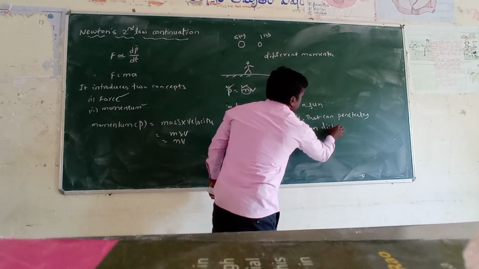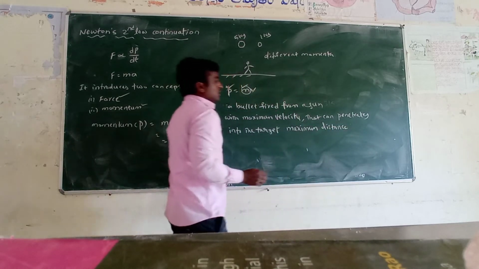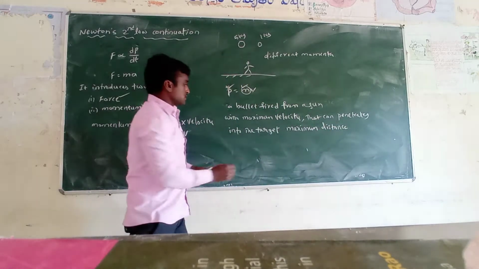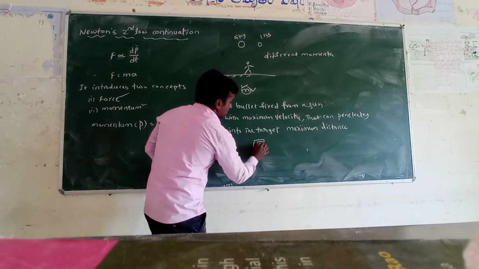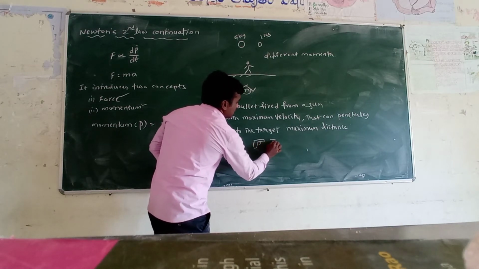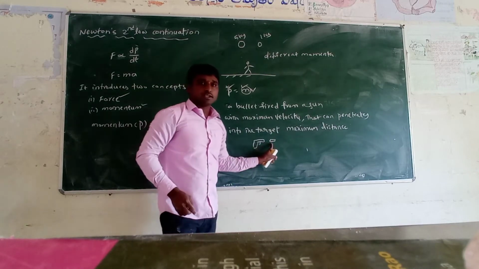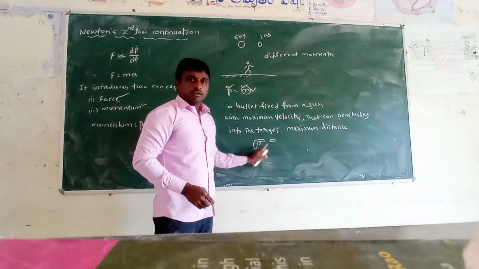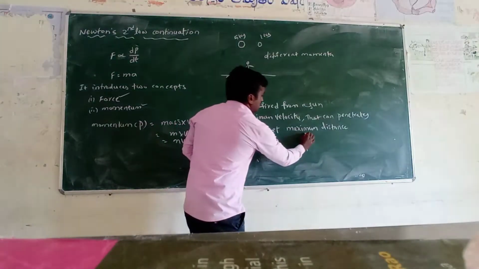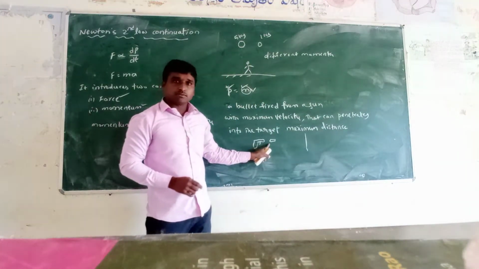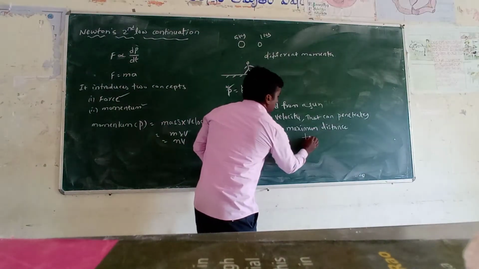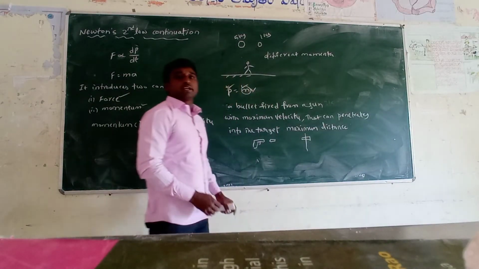Suppose this is a gun, this is a bullet, and this is the target. When the bullet is fired from the gun with maximum velocity, it can penetrate the maximum distance into the target.